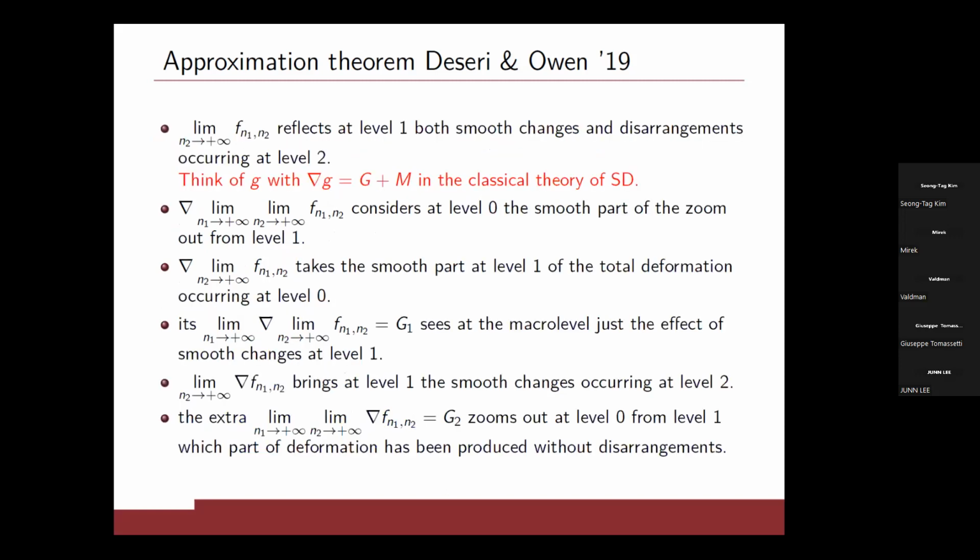This I guess is what I was describing already in the examples, but again, as has been done in the classical theory of structured deformations, you can consider the difference between nabla g and capital G and denote that field by capital M. And this difference between nabla g and G1, or G2 and G1, can have a mechanical description in terms of other fields, M1 and M2, let's say.